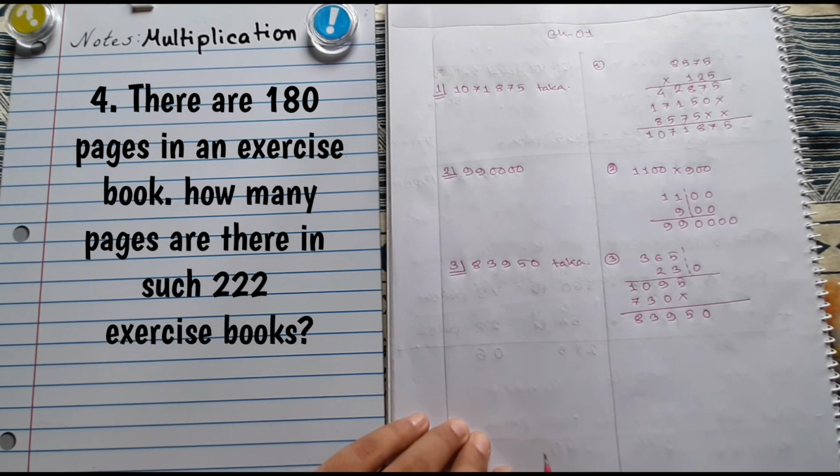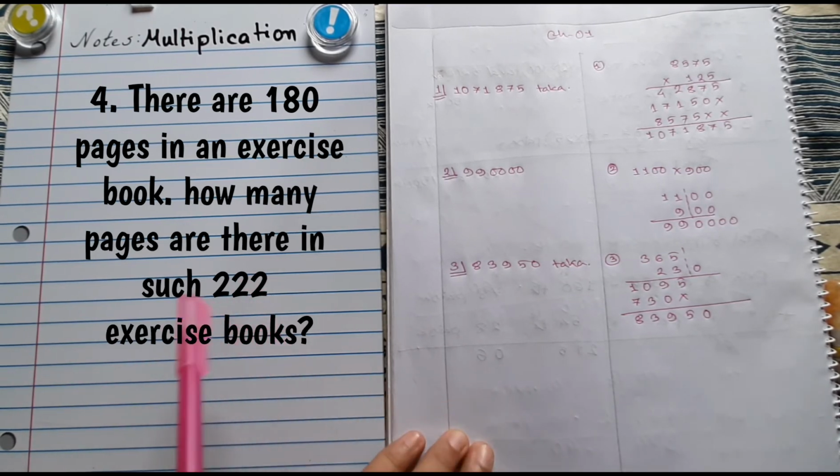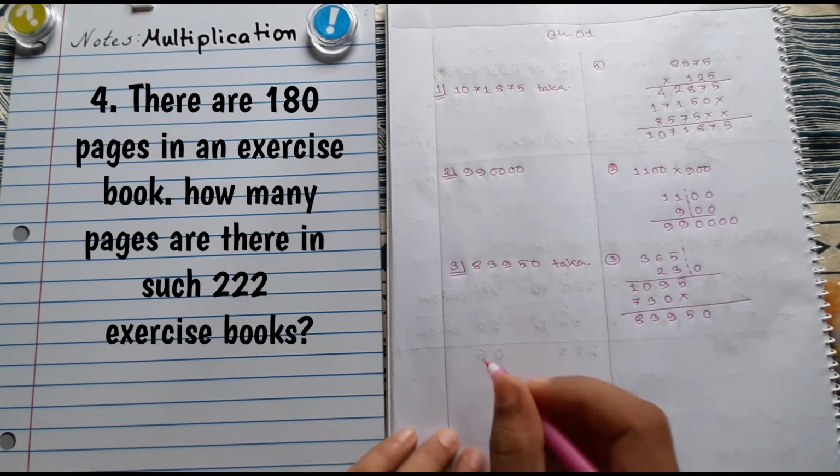4-number question, again you can see over here there are 180 pages in an exercise book. How many pages are there in such 222 exercise books? Oh my god, this is a pretty big amount of books, right?